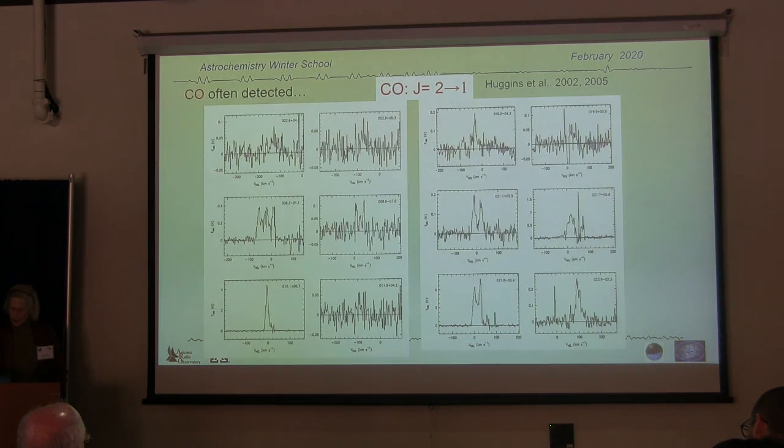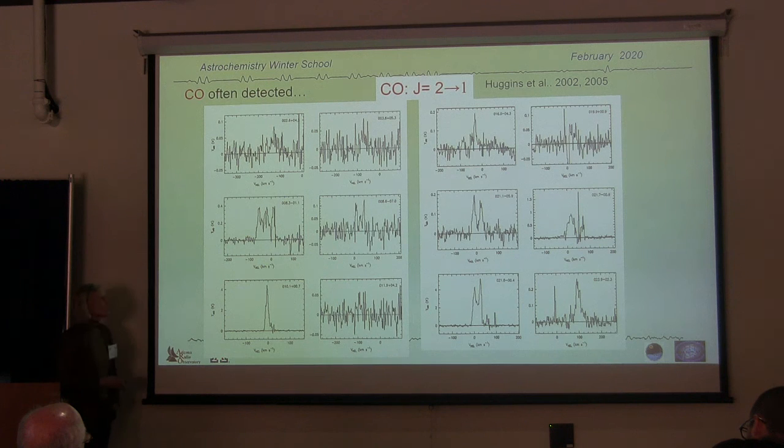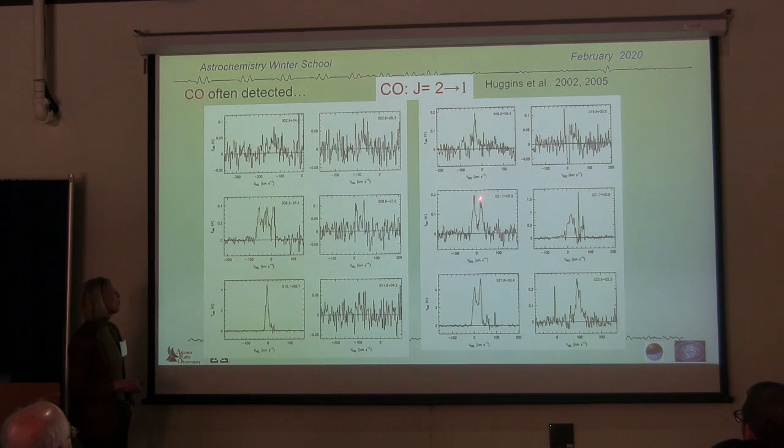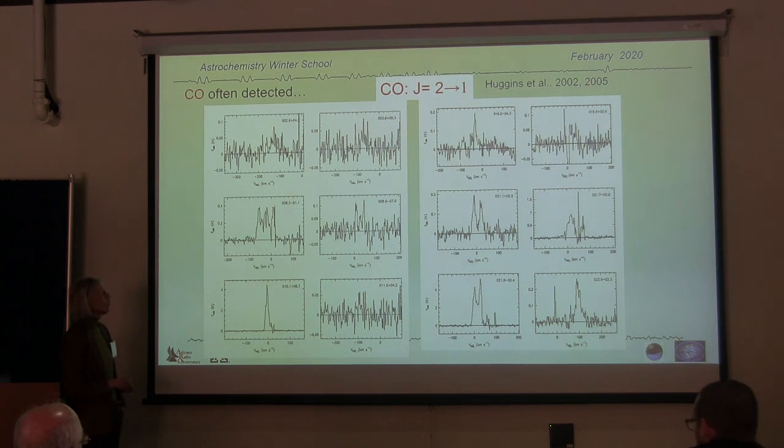But the question is, well, okay. And furthermore, there were surveys done around 2002, 2005, and so forth, by Pat Huggins, who basically looked for CO in almost every planetary nebula in the galaxy, well over 100. And he detected CO in quite a few of them. And you can see some of these spectral lines have quite different, interesting velocity profiles.